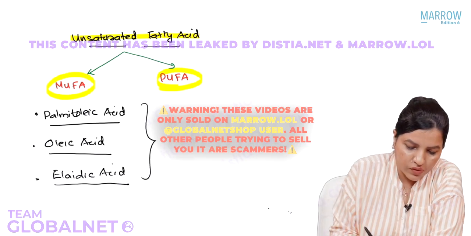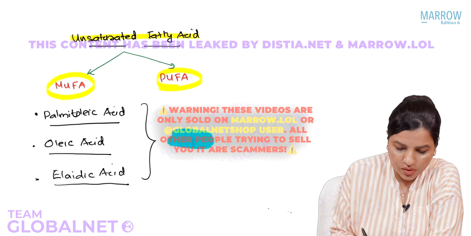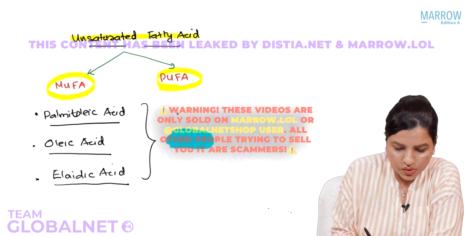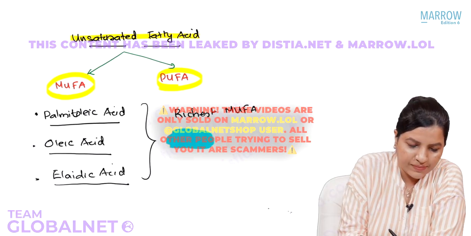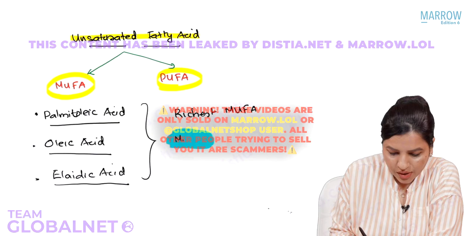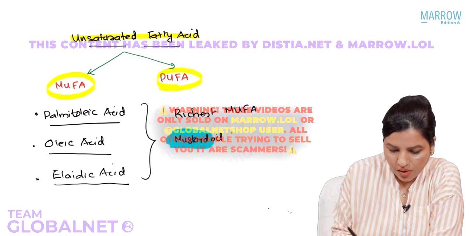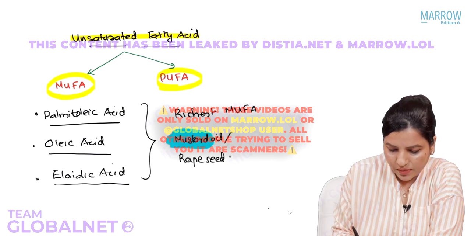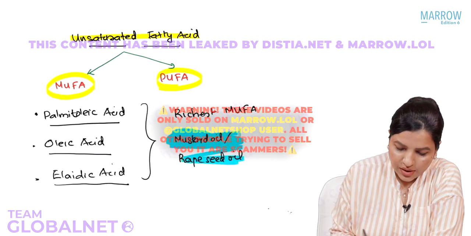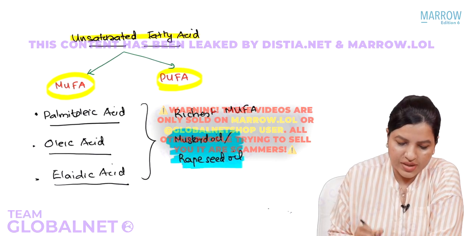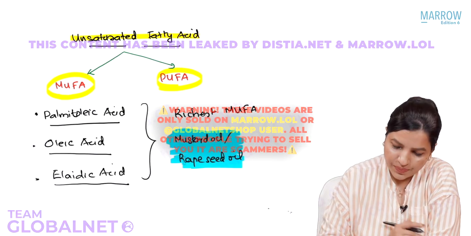What are the sources, or the richest source, of monounsaturated fatty acid? Mustard oil or rapeseed oil. This is the richest source of monounsaturated fatty acid.